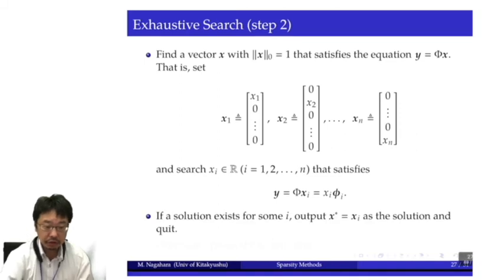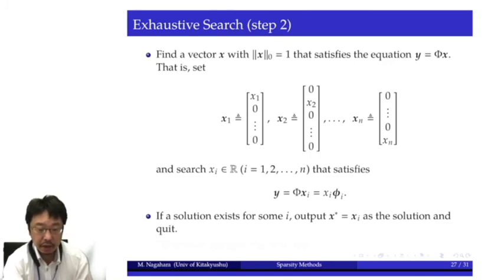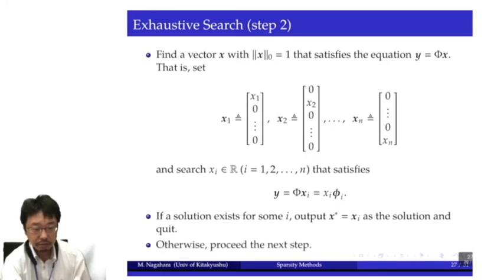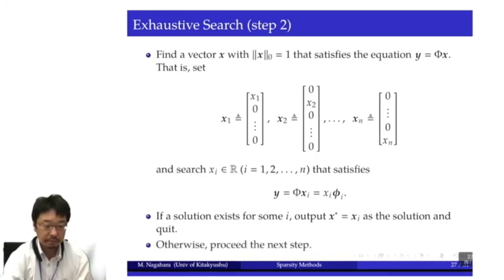If a solution exists for some i, output x asterisk is xi as a solution and quit. Otherwise, proceed to the next step.